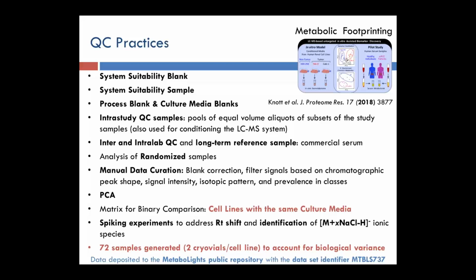Out of them, 6 were used for developing the analytical method and 66 for the analysis of the metabolic footprinting study. And as well, the data from this study and from the other studies were deposited to the Metabolights public repository with this dataset identifier.